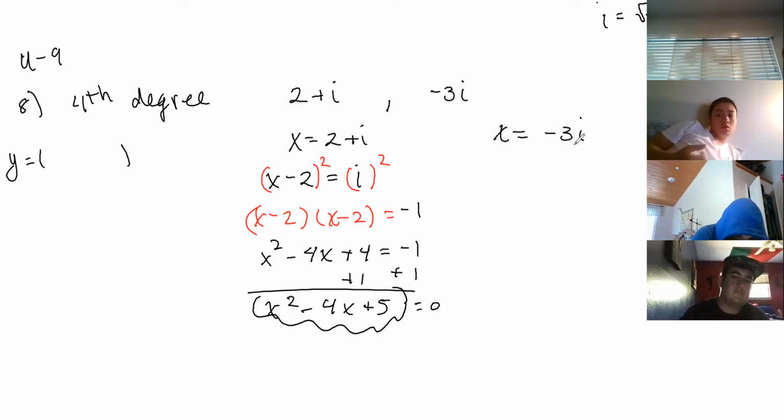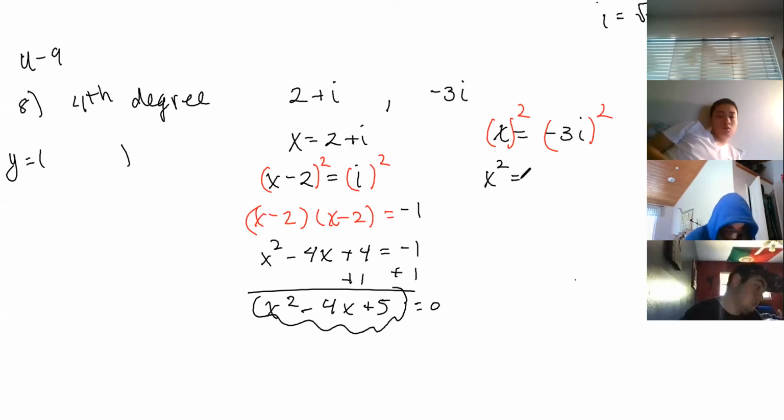Now here, there's nothing to move over because there's no +2 or -5, so we go straight to squaring both sides. Since it's a monomial on both sides, I don't have to worry about double distribution. x squared is simply x squared. I do square the -3. What is -3 times -3? 9. And I do square the i. What's i squared? -1.